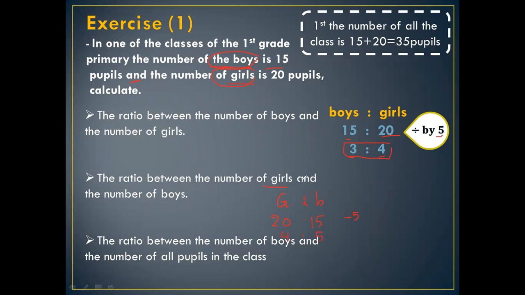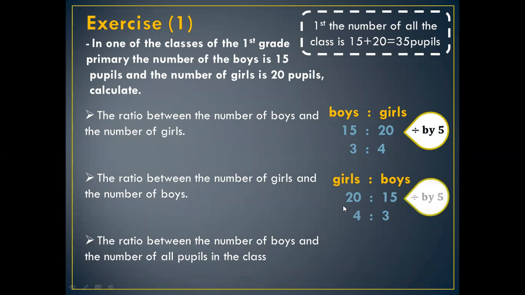Okay, so all of these will be girls, 2 boys is a 20 divided 15 equal 4, 2, 3. The last one, he asks you here the ratio between the number of boys to what?